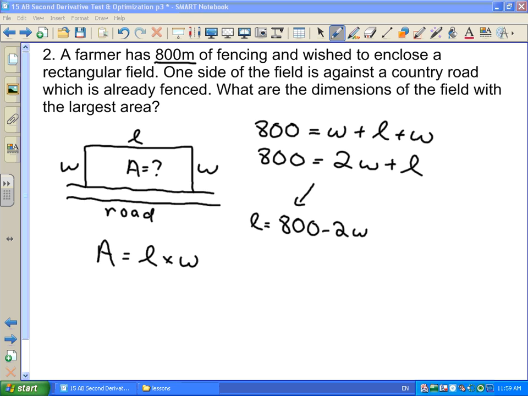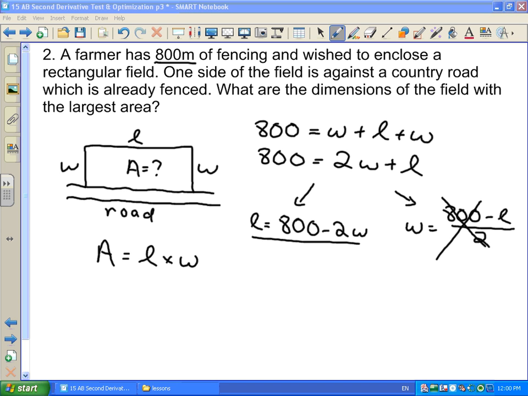If I solve for width, I end up with 800 minus L divided by 2. Now, maybe it doesn't really matter, but I don't like working with fractions if I can avoid it. So I would probably choose this one over here. Okay. You can work with fractions if you like. I tend not to. So we've got the relationship between our two variables here.